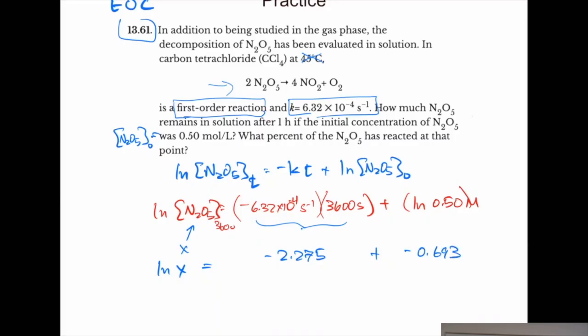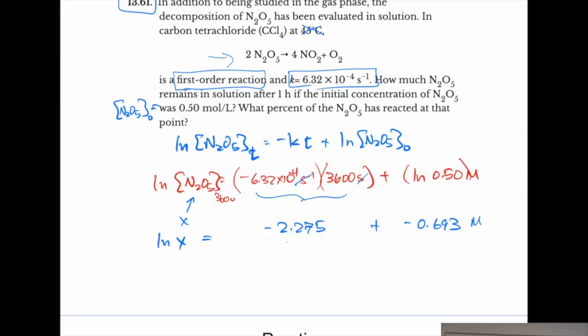Here the units canceled out, and here the units are molar. So that gives us minus 2.968. So the natural log of x is equal to this, but we want x.